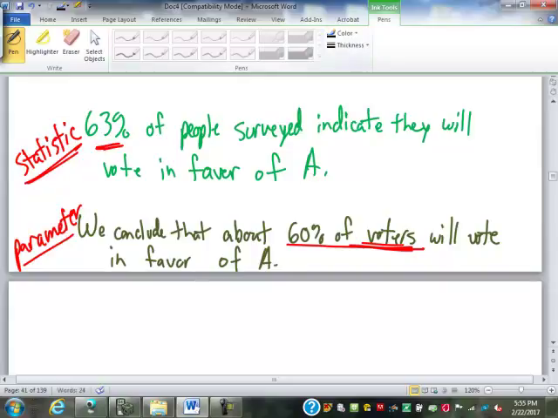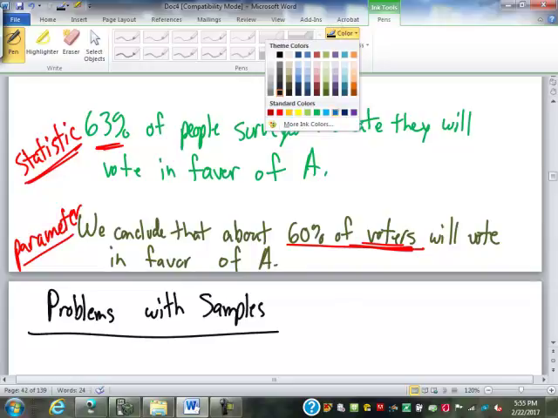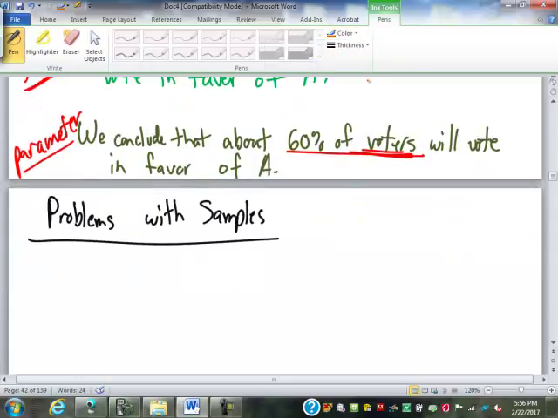There are a lot of potential pitfalls in using samples to gather information. There is a good chance, if you're not very careful, of something called sampling bias.